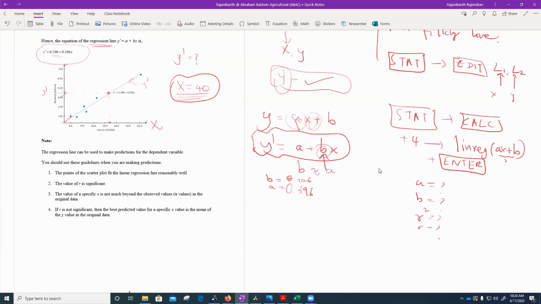So these are the two values I got. Once you replace these values, you will get the formula 0.396 plus 0.106x. So this is the best fitting line found using the calculator.